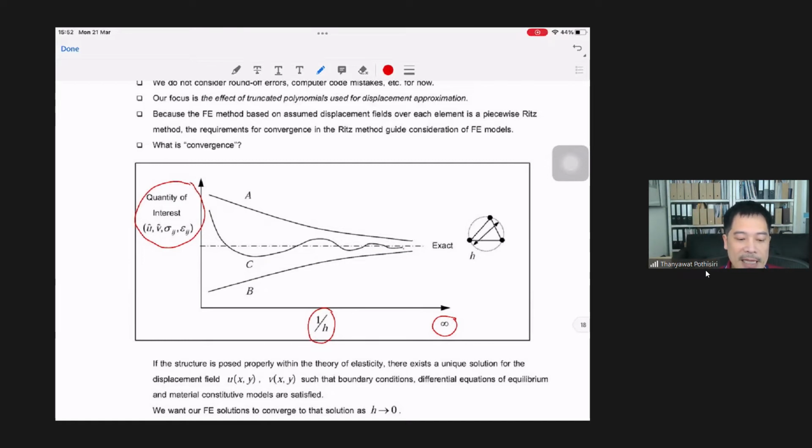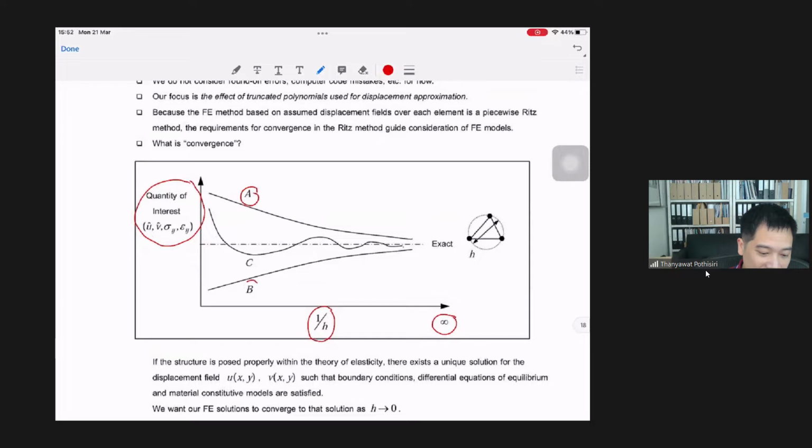Now the problem is, how do we make sure that we have monotonic convergence rather than this? How do we get monotonic convergence from keep refining our mesh?